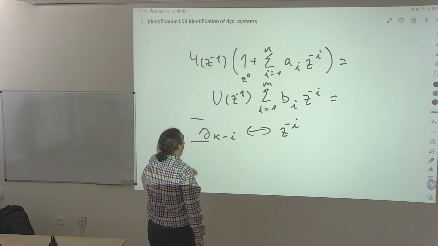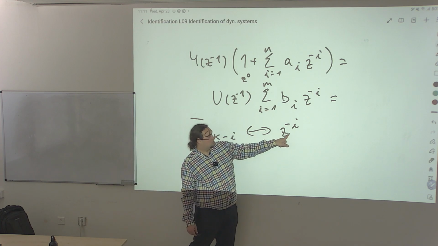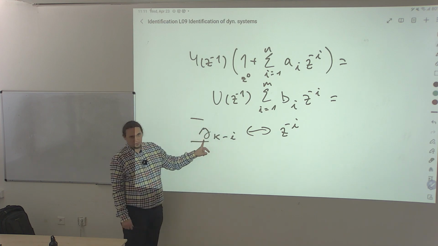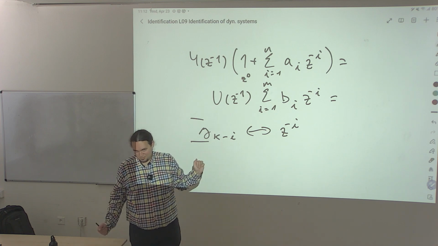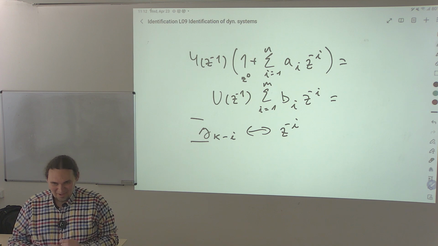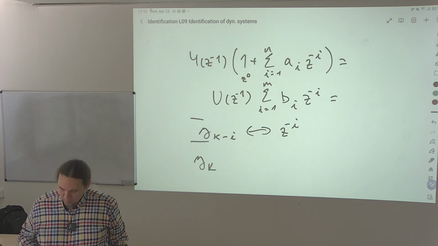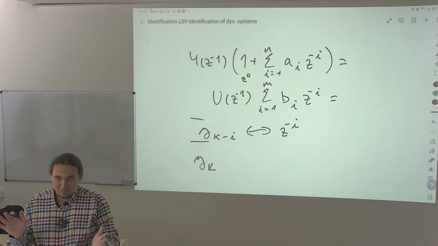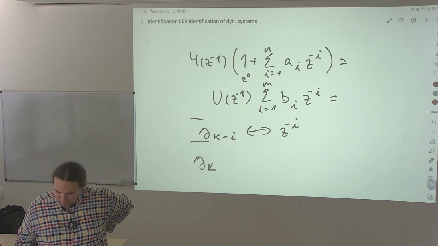So the first term is z to the power of 0, so y_k minus 0, y_k. Yes, y_k, current point in time, no shift, z to the power of 0, zero shift.